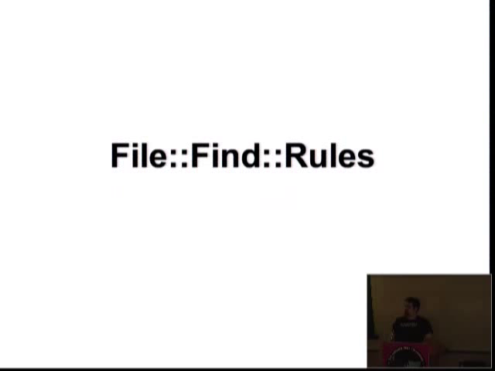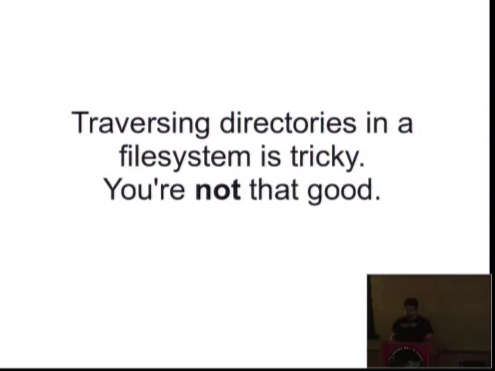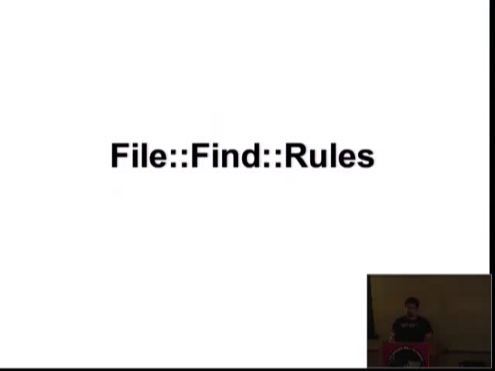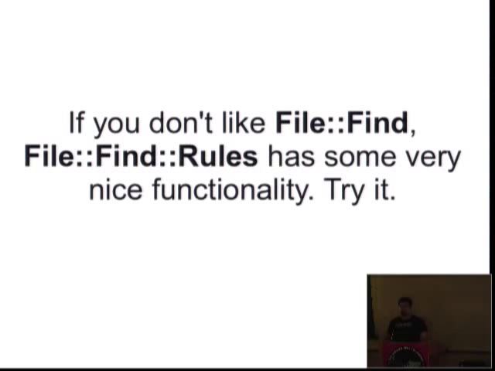If you don't like File::Find's interface, you can use File::Find::Rule, which wraps everything up in some very nice OO sugariness and all sorts of methods for doing extra things, like finding files with specific extensions instead of having to recognize that within a subroutine that you pass to File::Find. File::Find::Rule is really great stuff.